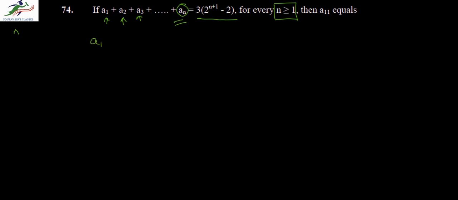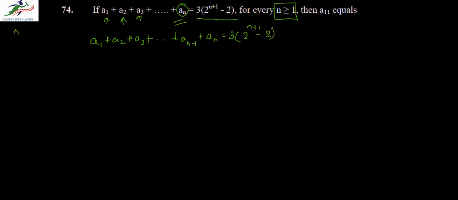So it is given that a1 plus a2 plus a3 plus an minus 1 plus an is equal to 3 into 2 to the power n plus 1 minus 2.